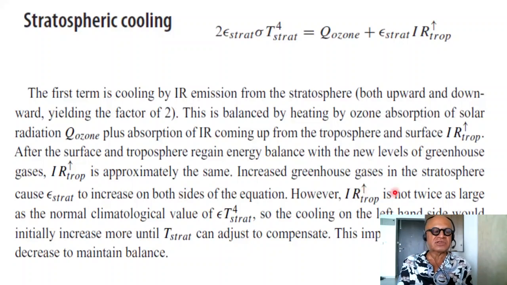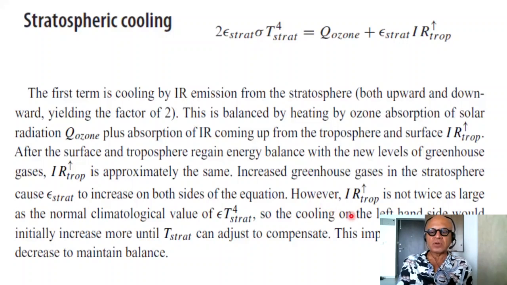Increased greenhouse gases in the stratosphere cause epsilon strat to increase on both sides of the equation. So you have epsilon strat here and epsilon strat here, in terms of what is kept of what's coming up and what is lost because of its warming.